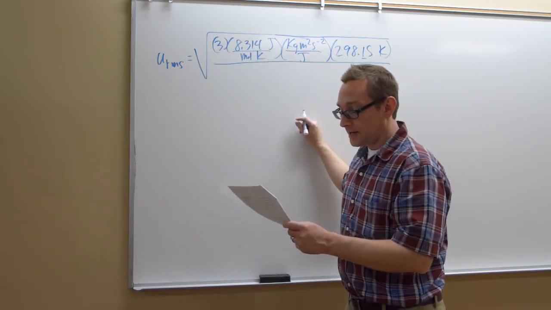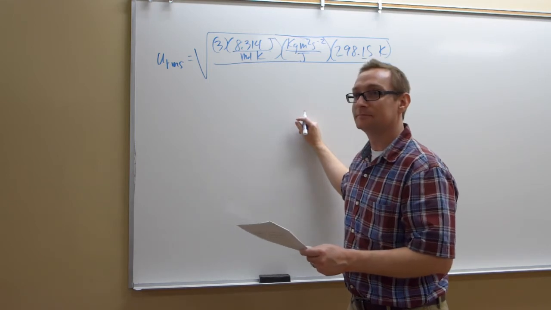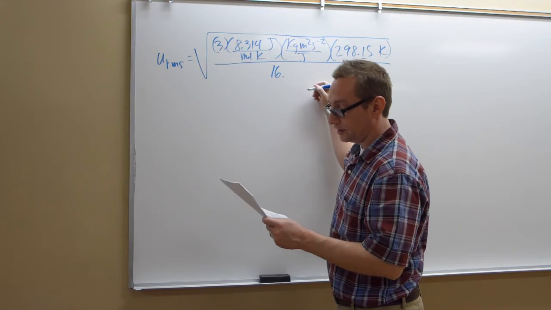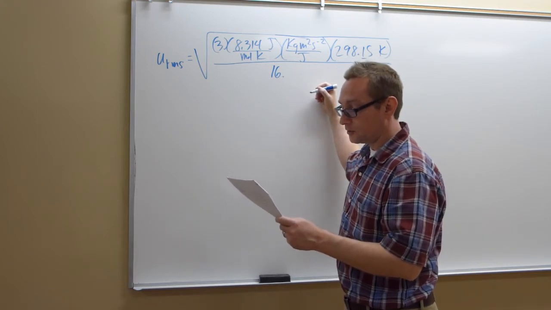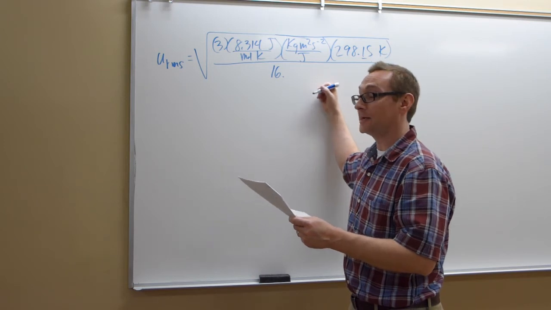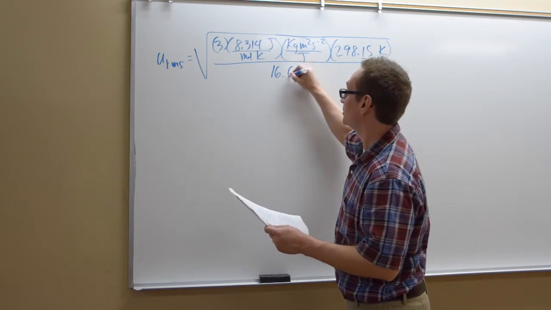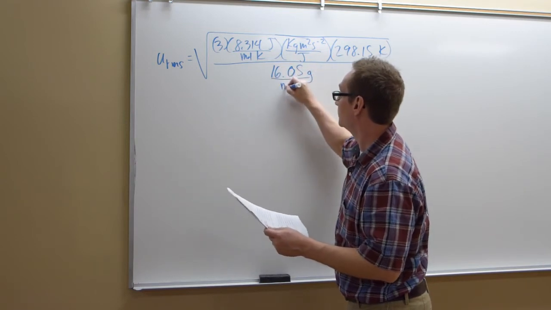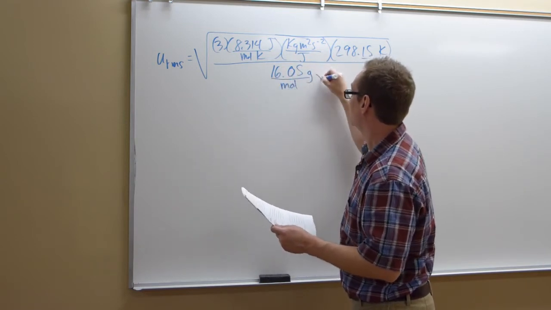So what's the molar mass of methane? Yeah, if you take 12.01 plus 4 times 1.01, just using 2 decimal places for my molar mass, you would get 16.05 grams per mole.